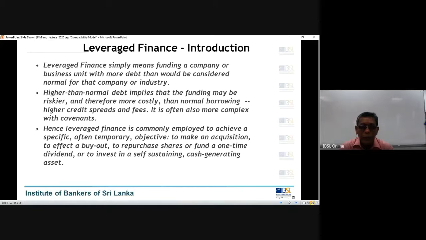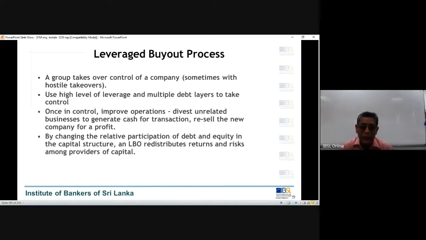That means you are having more portions of debt. Remember that. Hence leverage finance is commonly employed to achieve a specific, often temporary objective, such as an acquisition, to buy out or repurchase shares. So if you want to take over a company, you can use it. It's usually leverage finance.